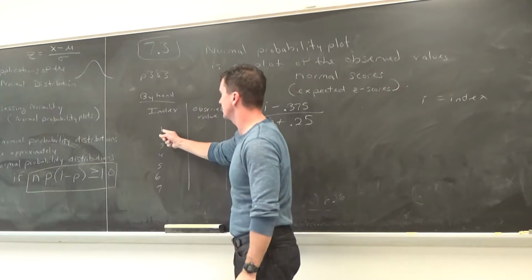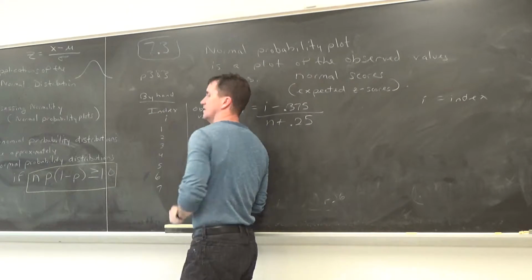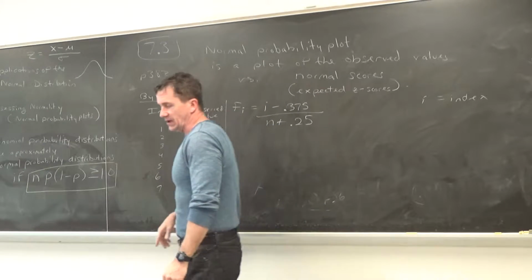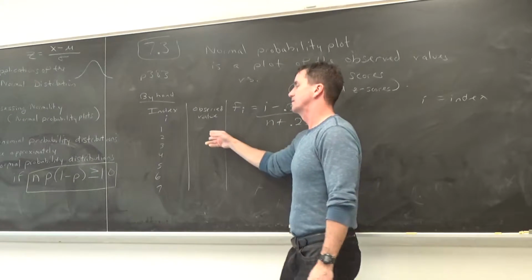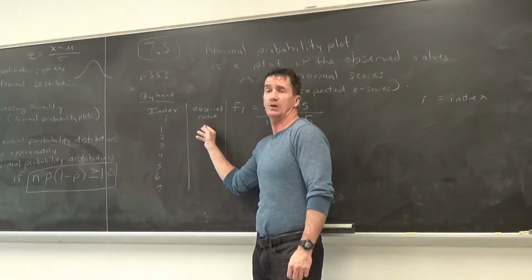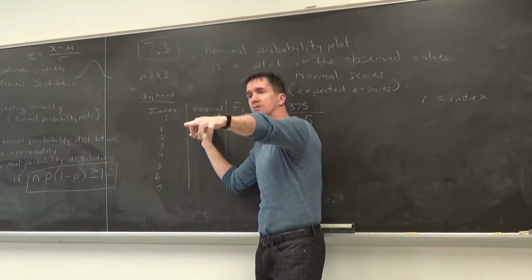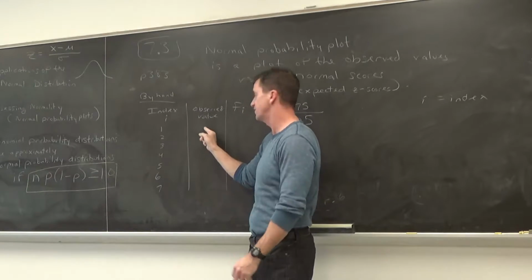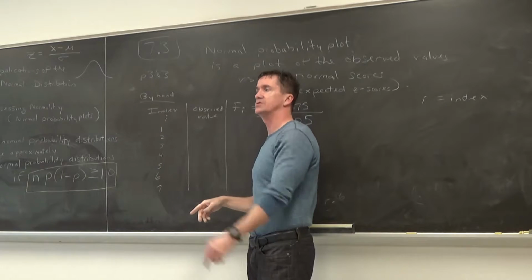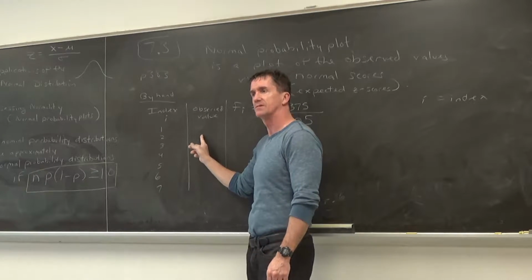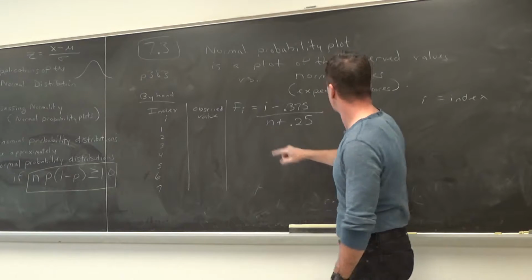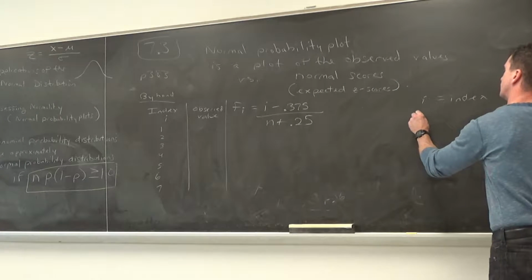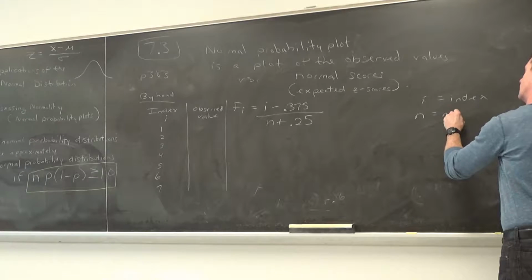So you put down the index value, which is i. The observed value, like if they were gestation periods, it was like, oh, hers lasted 250 days, then you put 250 there. And hers lasted 270 days, you put your 270 there. These would be the observed values. But then you can calculate this. I want to point out n is the number of observations you have.